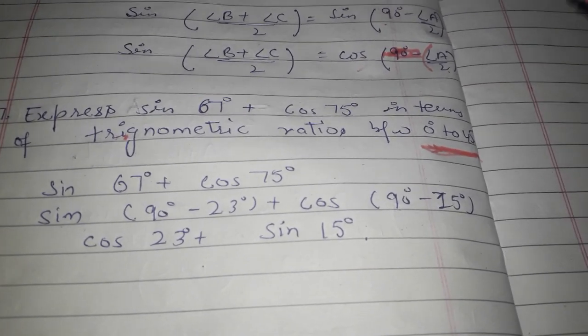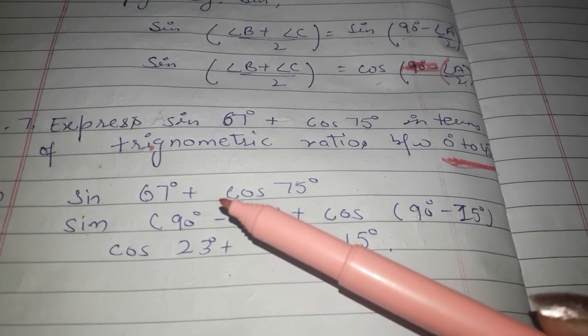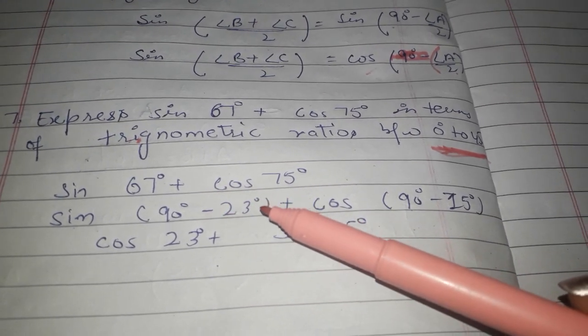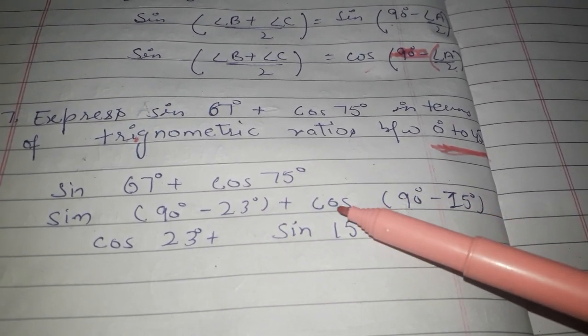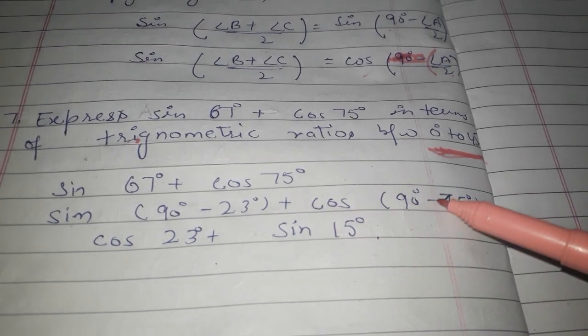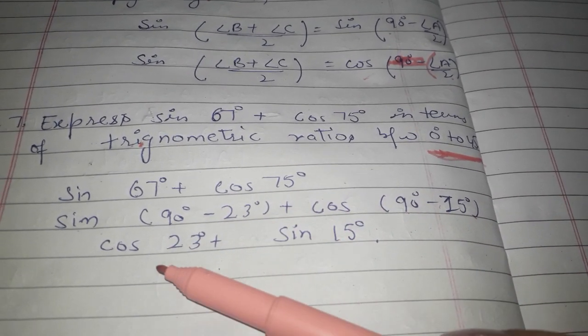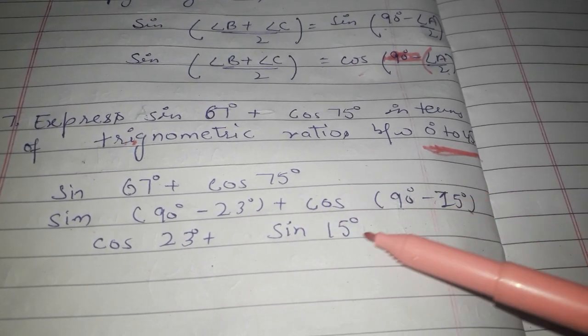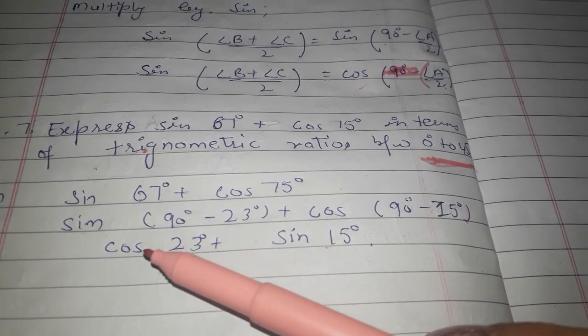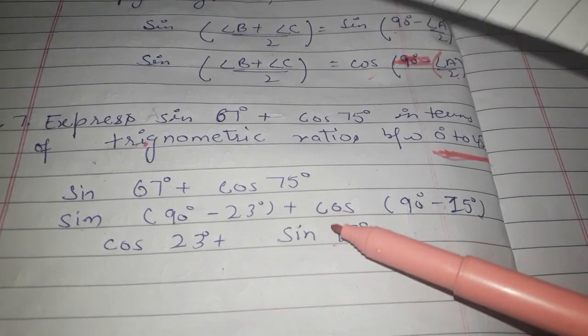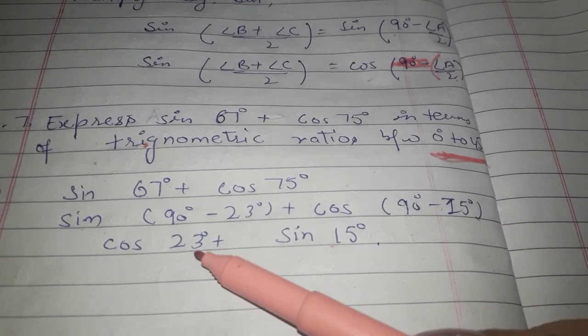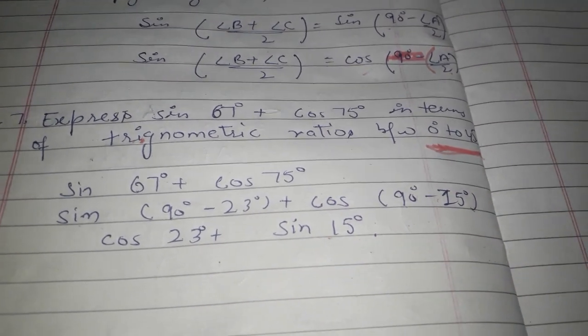Very simple question. Sin 67 degree is written as sin 90 degree minus 23. Cos 75 degree is written as cos 90 degree minus 15 degree. Now sin 90 degree minus theta is cos theta, plus cos 90 degree minus theta is sin theta. That means cos 23 degree plus sin 15 degrees. Both the values are between 0 to 45 degrees.